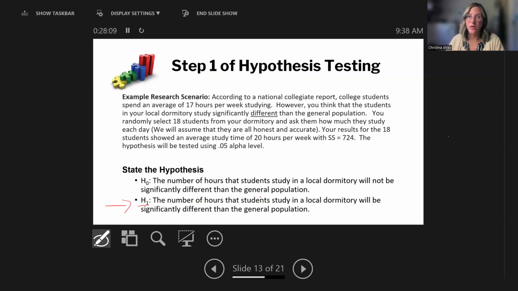So the hours of study, that is the dependent variable. And the dormitory is the independent variable. So you can kind of see what is the independent variable, what's the dependent variable, and significantly different is just you're not saying one way or another whether it's going to increase or decrease or be more or less. So it sets you up automatically for a two-tailed test.